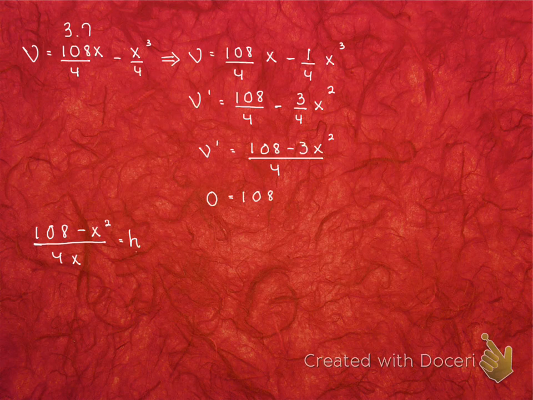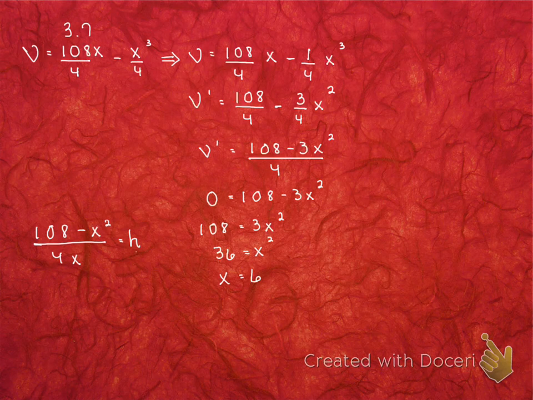So 108 minus 3x squared is equal to 0, and 108 is equal to 3x squared. 108 divided by 3 is 36. And now normally when you take the square root of 36, you would allow for the negative, but we know that we cannot have a side length of that box that's negative.